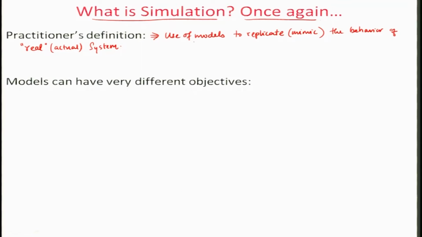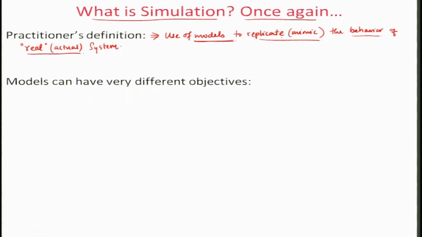We use models to replicate or mimic in the sense that we are basically trying to answer the question of how the actual system behaves, and it is very expensive to study the behavior of the actual system with the help of the actual system.